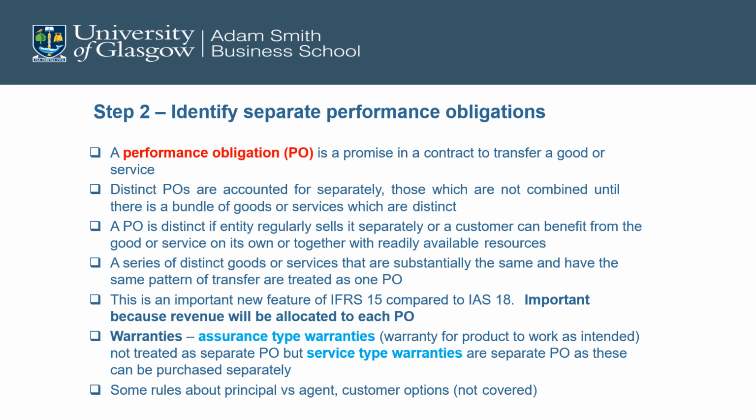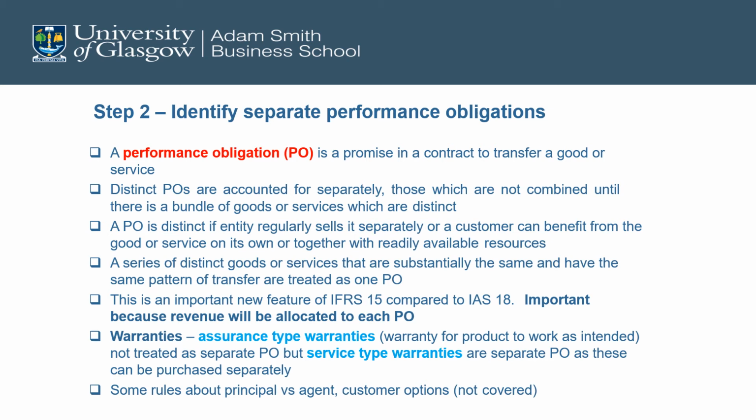A PO is distinct if the entity regularly sells it separately, where a customer could benefit from the good or service on its own or together with readily available resources. A series of distinct goods or services that are substantially the same and have the same pattern of transfer are treated as one PO. This is an important new feature of IFRS 15 compared to IAS 18. It is important because the revenue will be allocated to each PO.